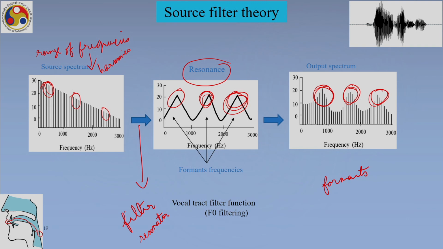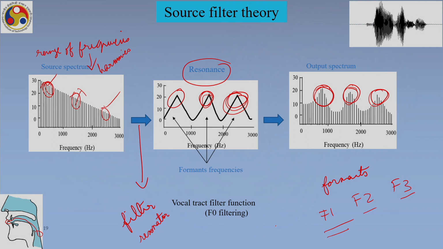Whereas this gets highlighted through the resonating chamber, this may not be highlighted by the resonating chamber, this may be highlighted by the resonating chamber. So what we get, F1, F2, F3, is because of the way the cavities inside the supraglottal cavities give shape, give the particular properties to the frequencies.